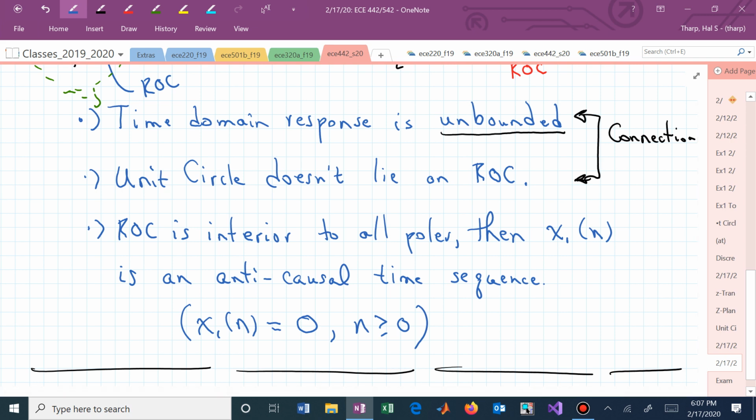That's anti-causal. The only time x sub 1 of n has a non-zero value is when the argument of its function is negative. When it's positive or non-negative, it's 0.